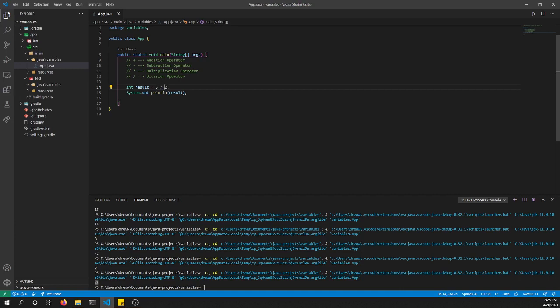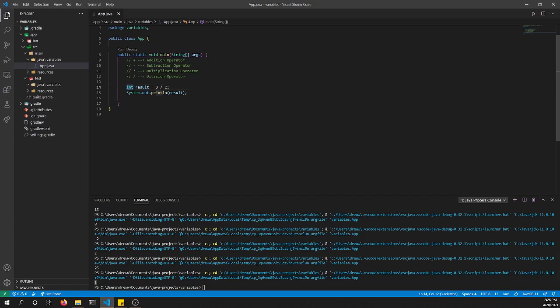3 divided by 2. Now, if you're doing this on your calculator or in a math class, by hand, you know that 3 divided by 2 is 1.5. But when we run the code, we just get 1. And this is the thing that gives people trouble at first. But if you think about the data, it starts to make a little more sense.